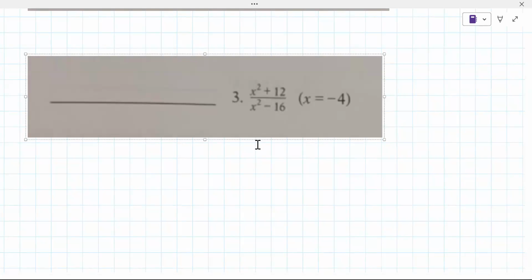Same thing. X would be negative. This would be undefined.